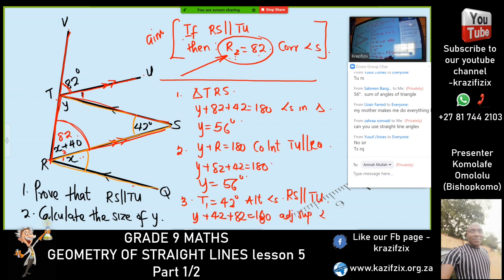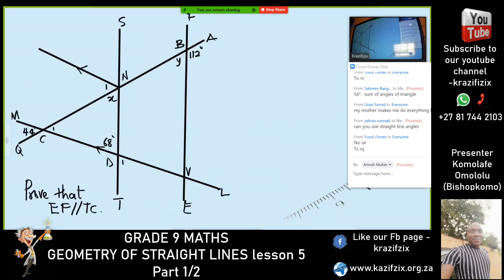Adjacent supplementary angles. Again, Y would be equal to 56 degrees. All of these methods are correct, and I'm glad that we are using different methods to get the same answer, which means you are not restricted as long as you use the correct mathematical principle.